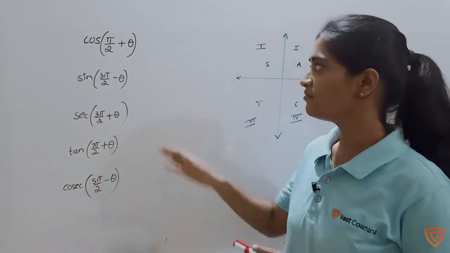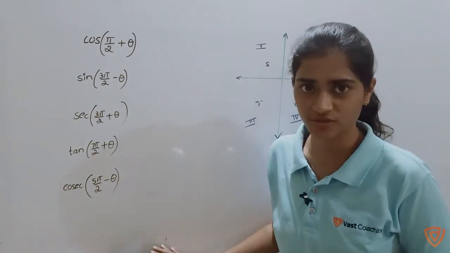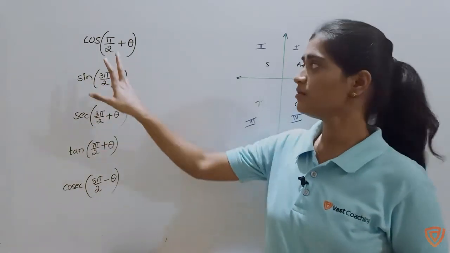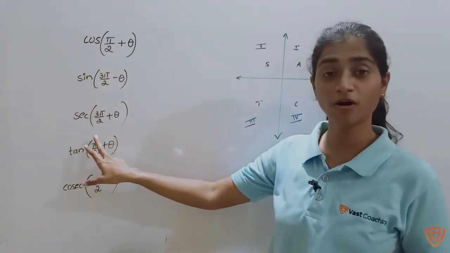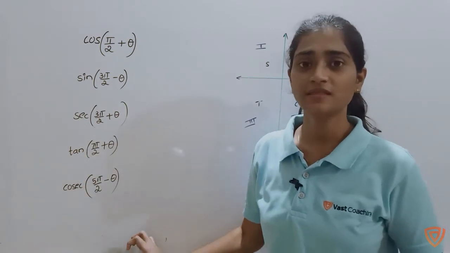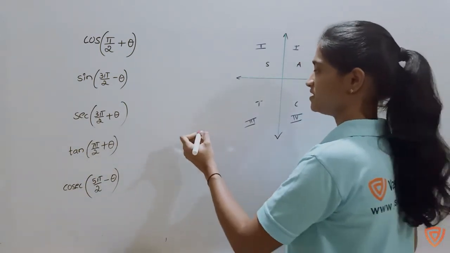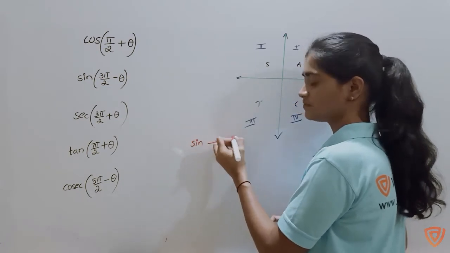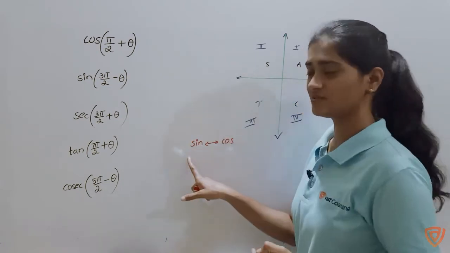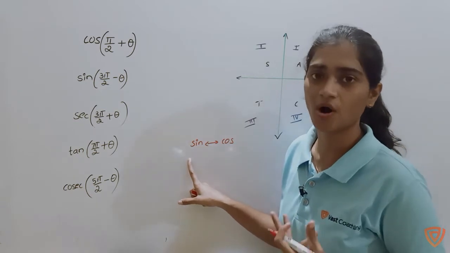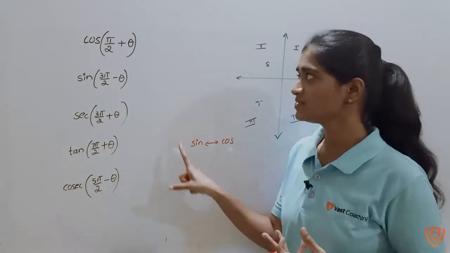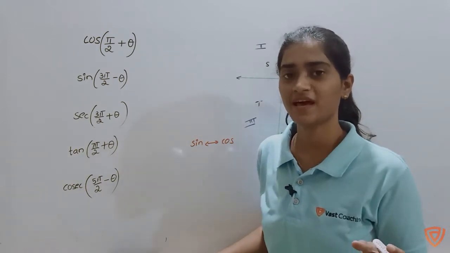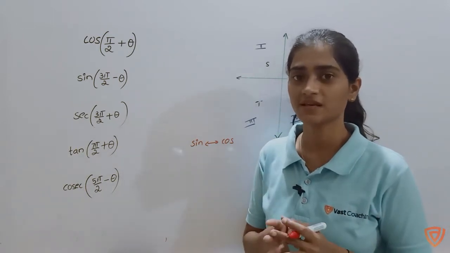Whenever we have these types of trigonometric ratios, whenever it's an odd multiple of pi by 2, in this case sine changes to cos and cos changes to sine. We are taking complementary angles because it's in terms of pi by 2, right? What are complementary angles? When two angles sum to pi by 2.